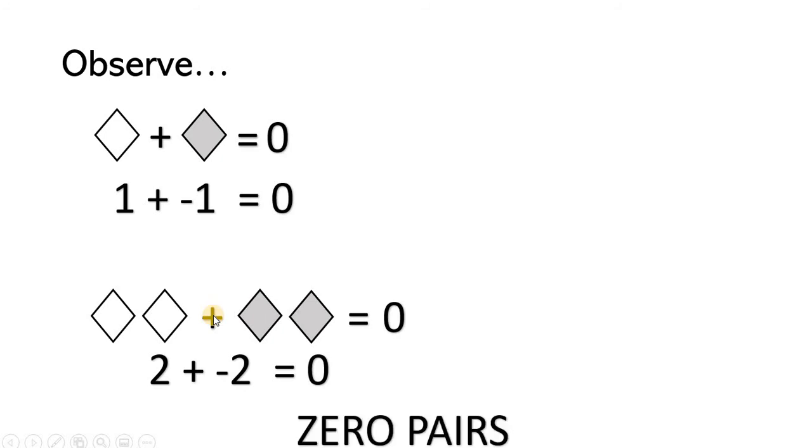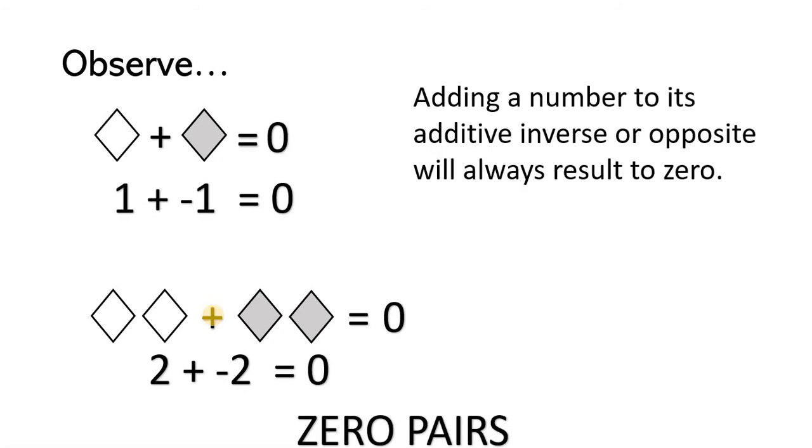We call these zero pairs. Okay? Adding a number to its additive inverse or opposite will always result in 0. Even if we use larger numbers, for example 100 plus negative 100, the answer is still 0.